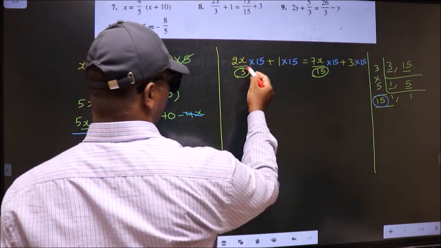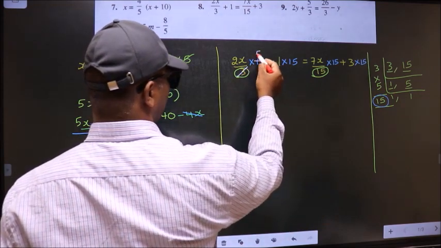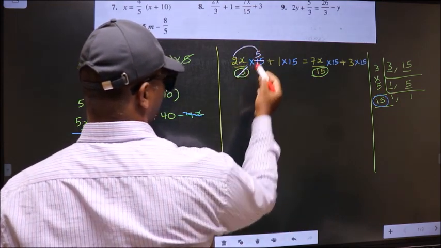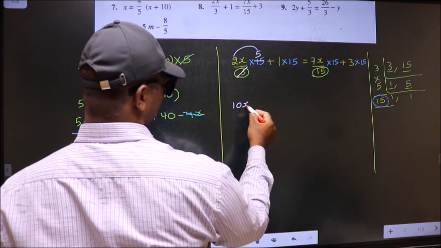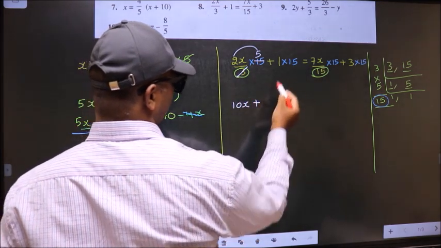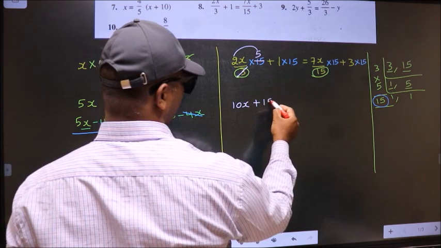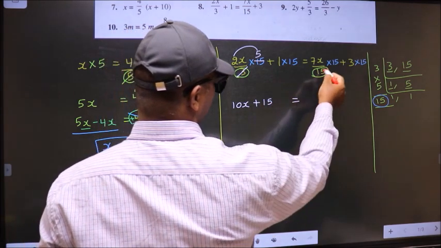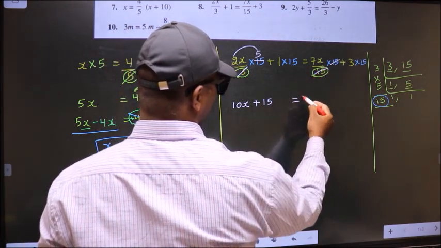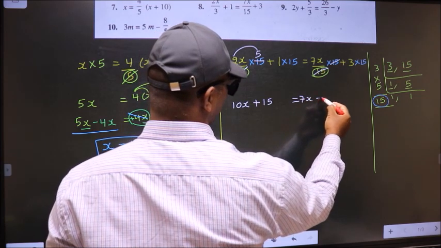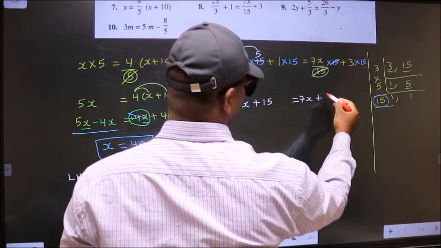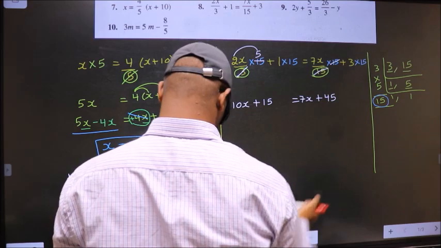Next. Now here 3 ones, 3 5s. 2 into 5, 10x. Plus 1 into 15, 15. Equal to, here this 15 cancels out, you are left with 7x. Plus 3 into 15, 45.